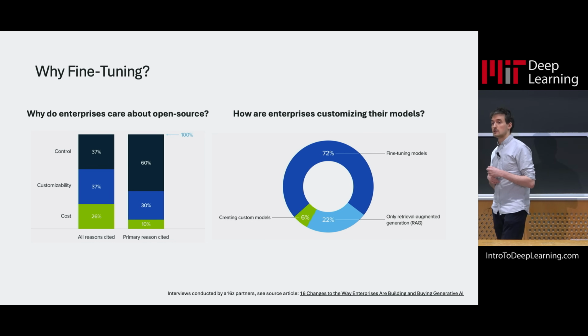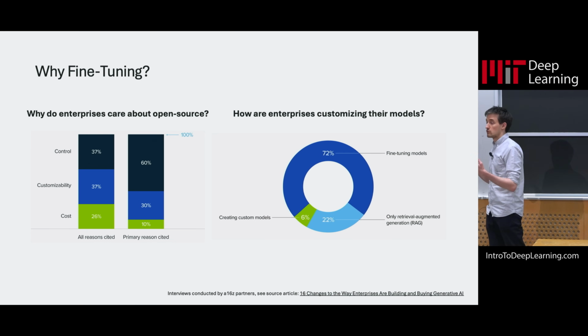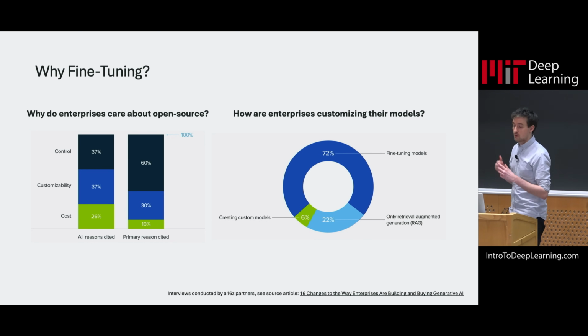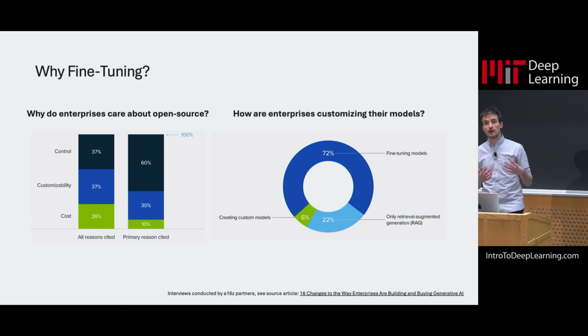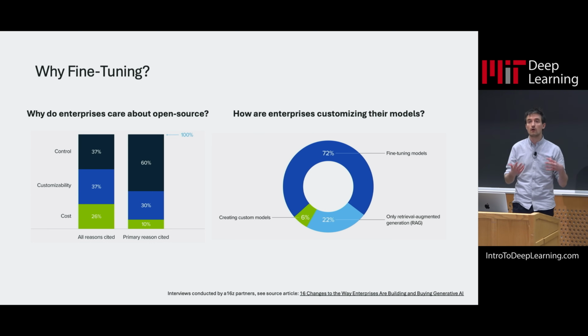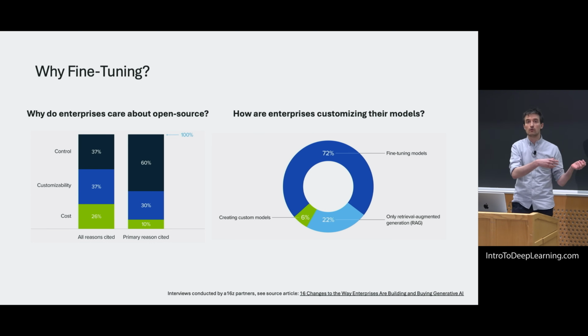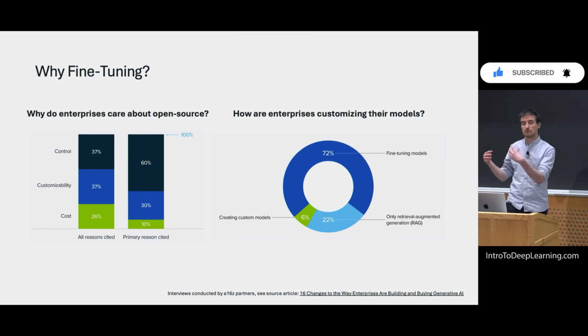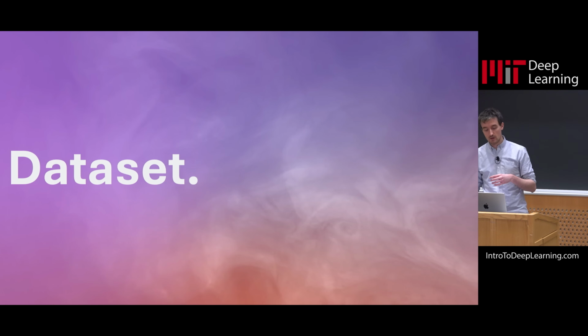And customizability, it's because they might want to change the tone, the format of the answers, create their own model. So there are a lot of different reasons why you might want to fine-tune, even though maybe a frontier model is all you need. Maybe you already have Llama and it works well for you. Actually, there are also more political reasons why you might want to fine-tune your own model.